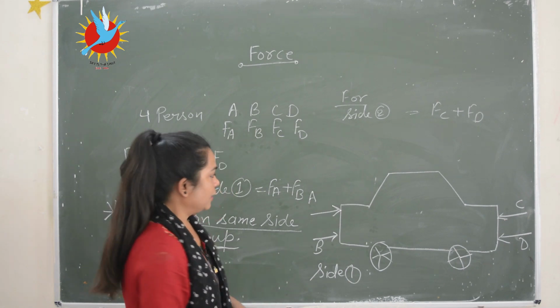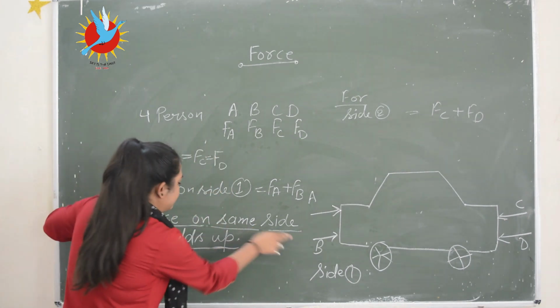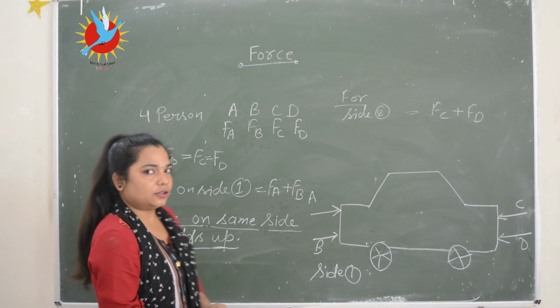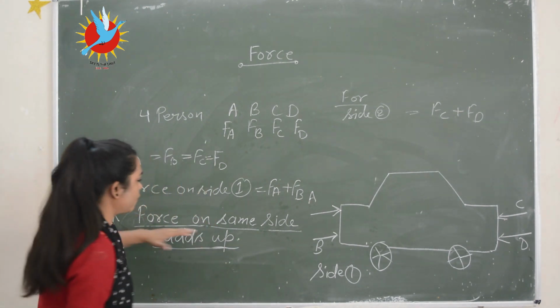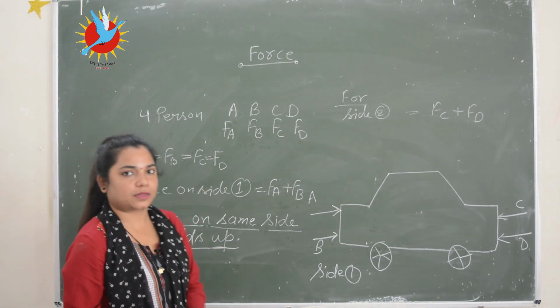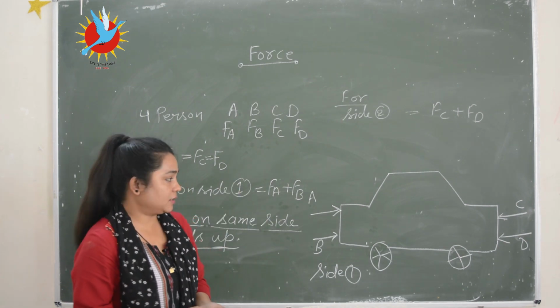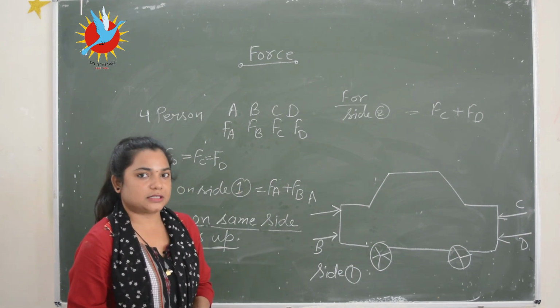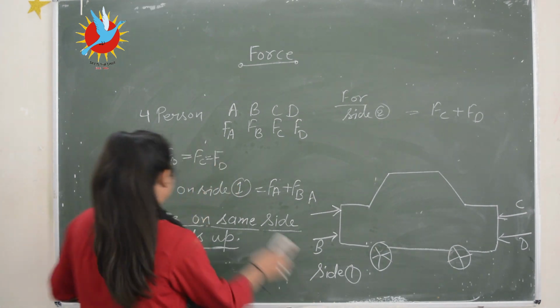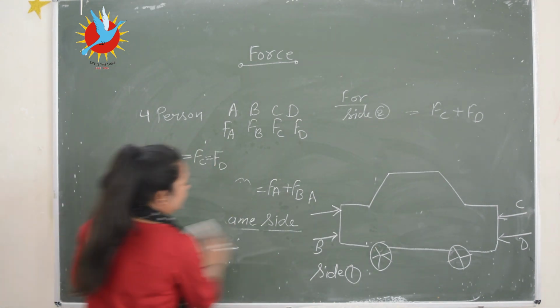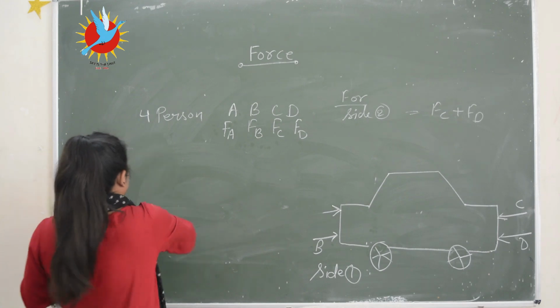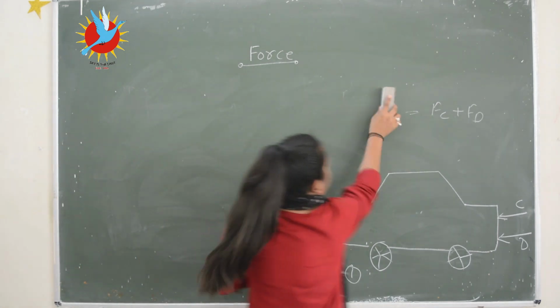If I am saying that the force on the same side adds up, then what should happen with the force on the opposite sides? Well, the force on the opposite sides should subtract. So the forces on different sides are subtracted.